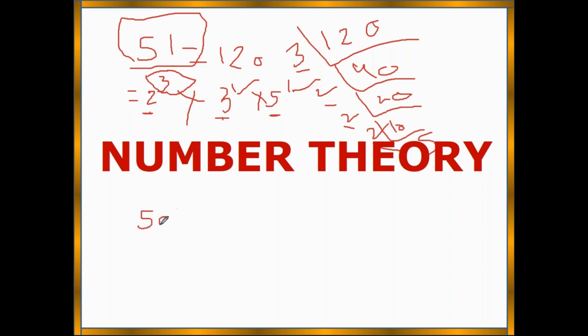In place of 5 factorial, if they ask 50 factorial, how to get the answer? So we want to skip the question? No, very simple. In the exam, they may ask the highest power of 3 in 50 factorial, in 10 factorial, or the highest power of 2 in 9 factorial.